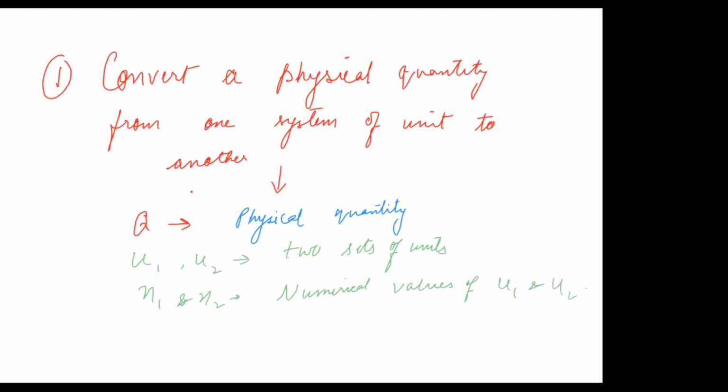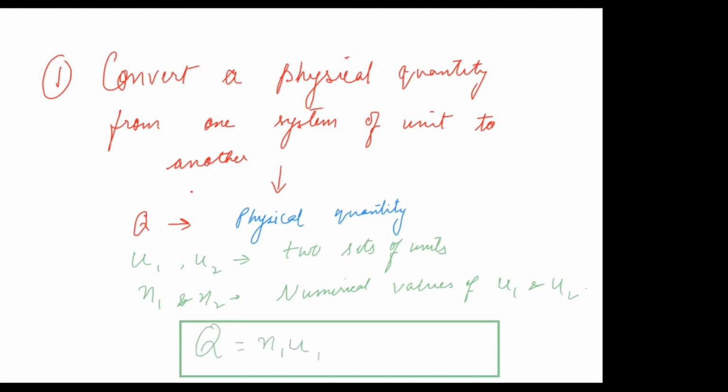Now, what do we get? Q equals N1 U1 equals N2 U2.